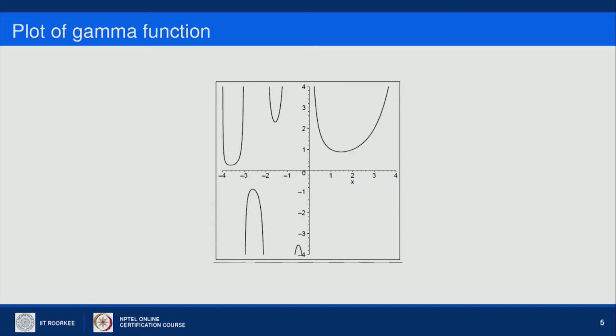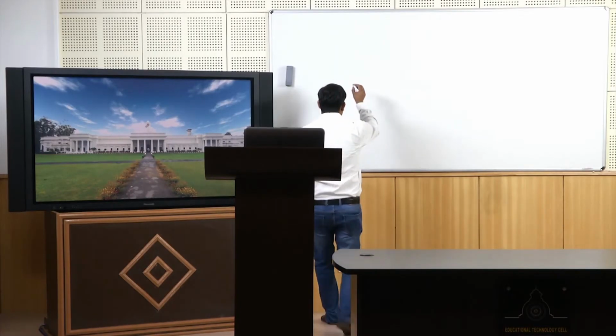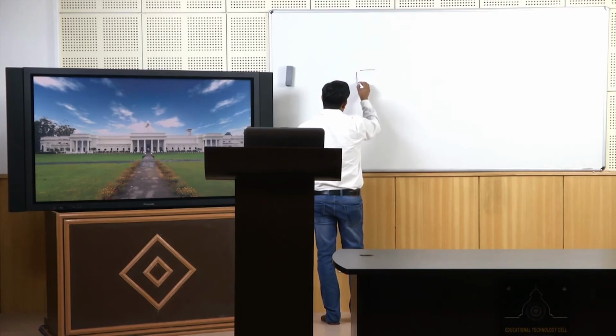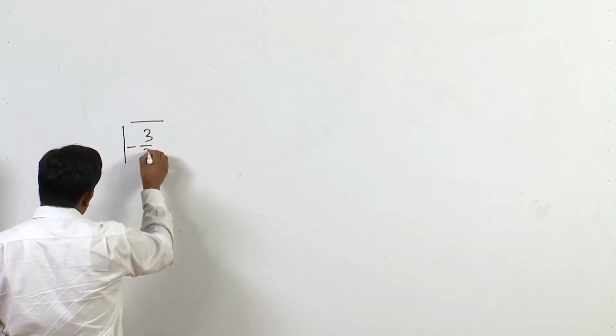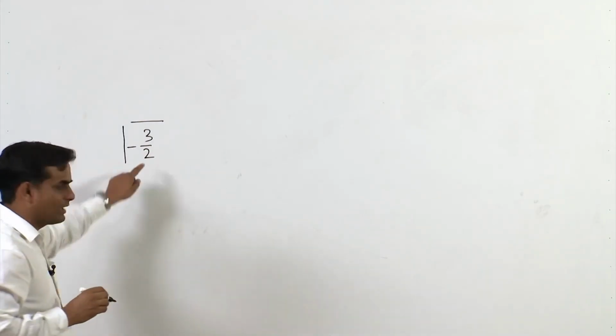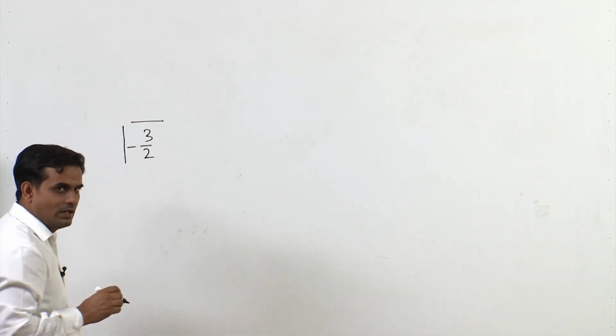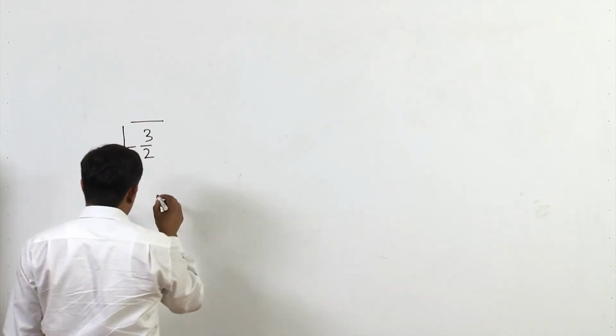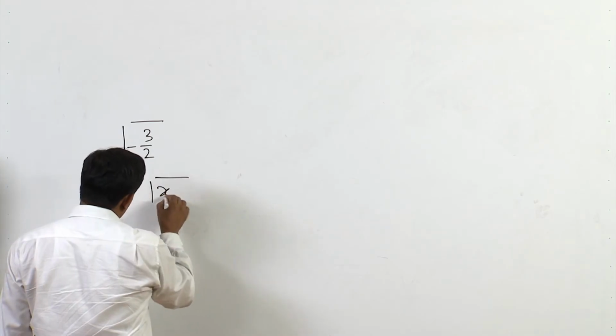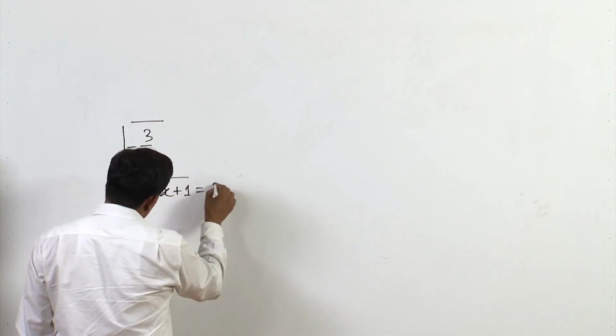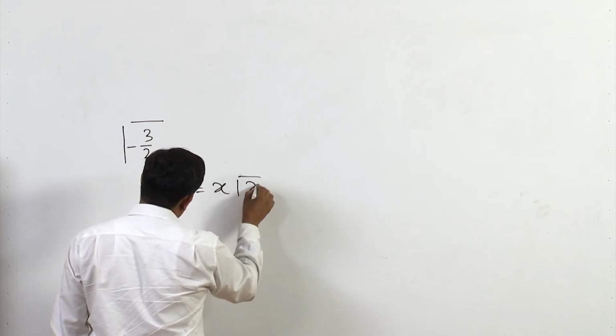If we talk about between -1 and -2, suppose we need to find gamma of -3/2. How can I write this? As I told you, gamma x plus 1 equals x gamma x.